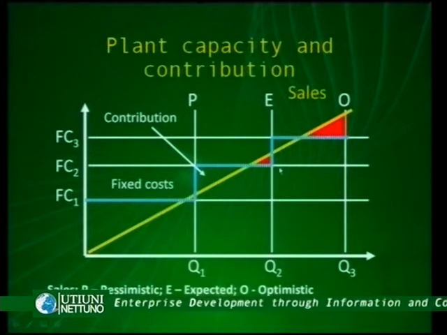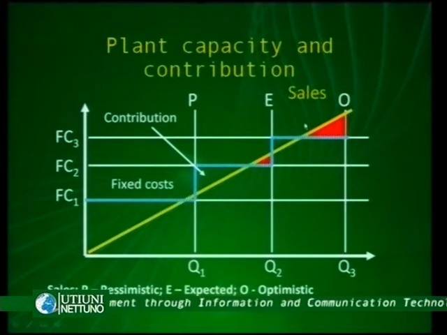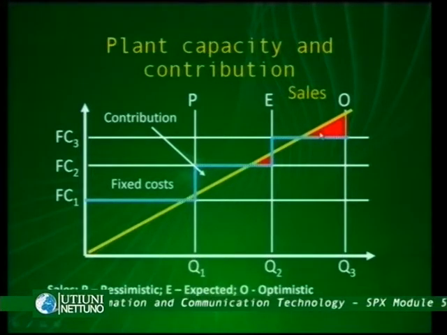So plant capacity, which is a decision related to the installation of the facility capacity and accordingly to the level of fixed cost, is crucial for defining the contribution of sales to the coverage of the fixed cost.